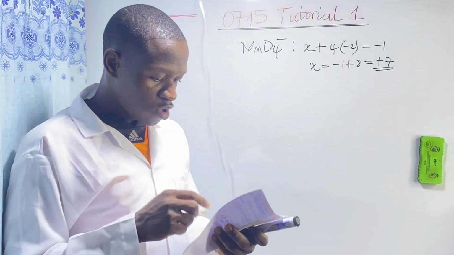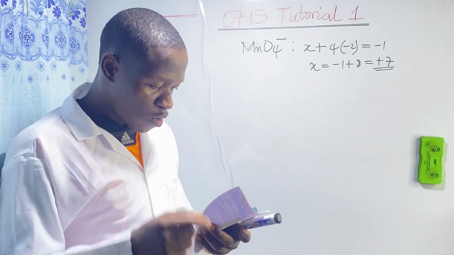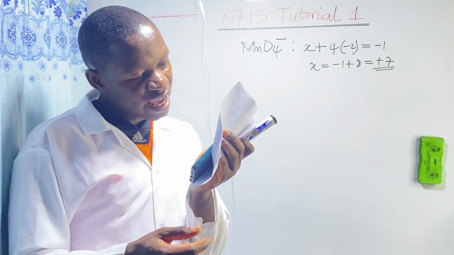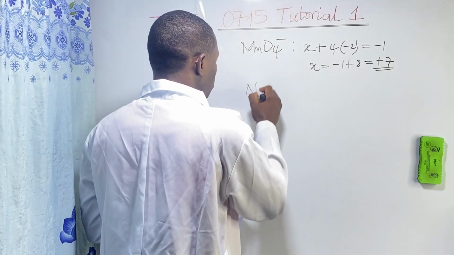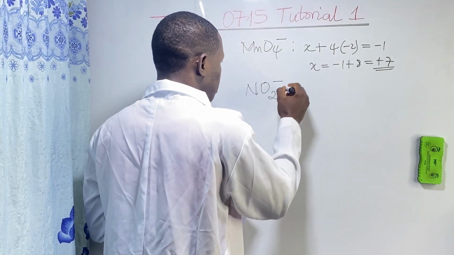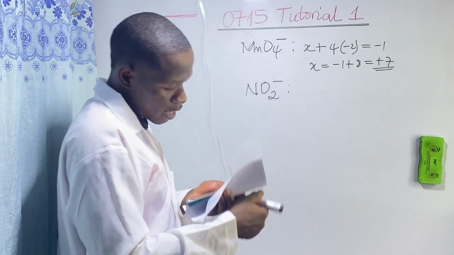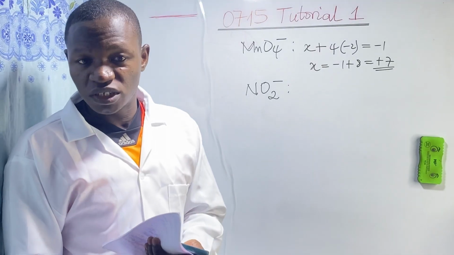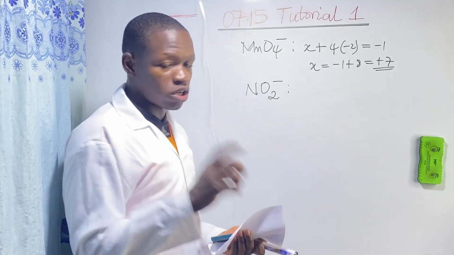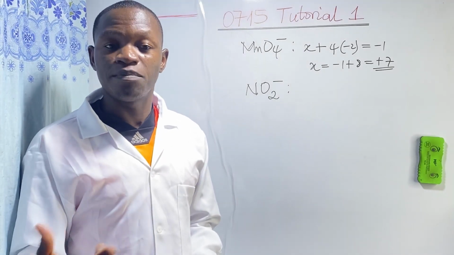Next question. We are asked to find the oxidation number of nitrogen in nitrite, the nitrite ion, like that. So again, we let nitrogen be X. Oxygen is -2 except in peroxide.